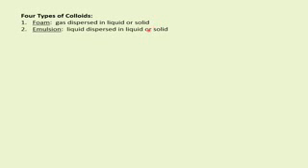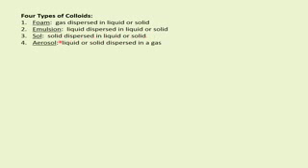Another type of colloid is an emulsion, in which a liquid is dispersed in a liquid or solid. A third type is called a sol, in which a solid is dispersed in a liquid or solid. And the fourth type is different than the previous, called an aerosol, in which a liquid or solid is dispersed in a gas.